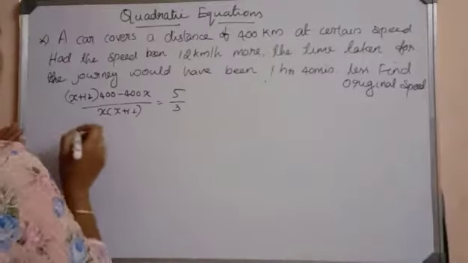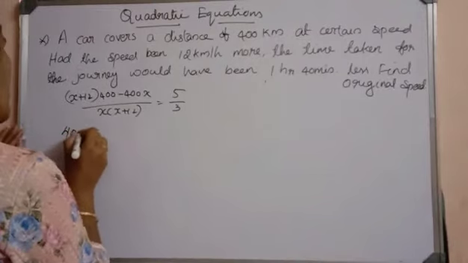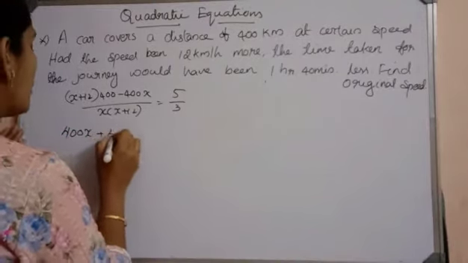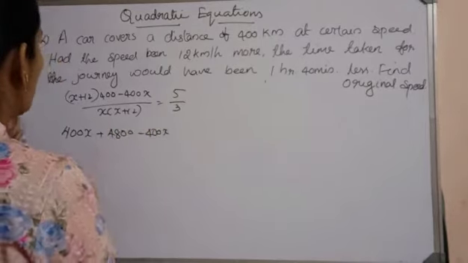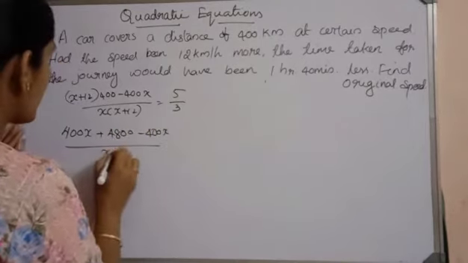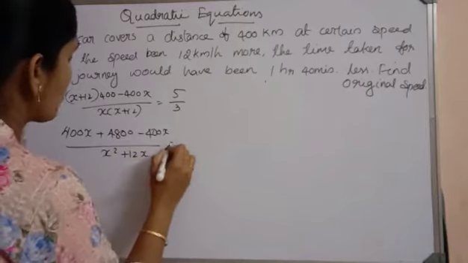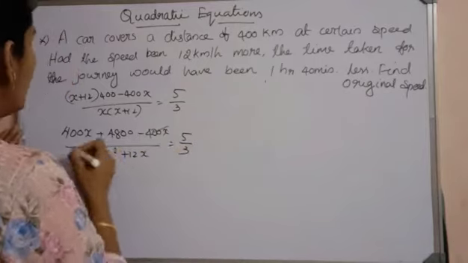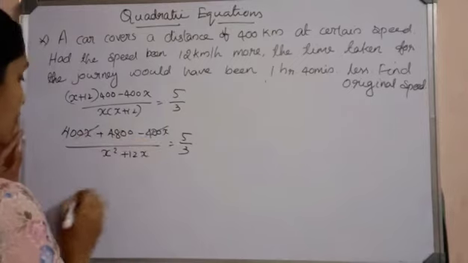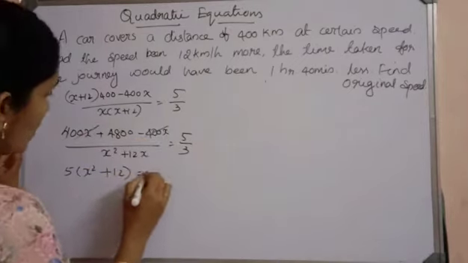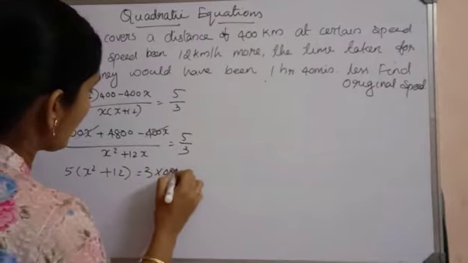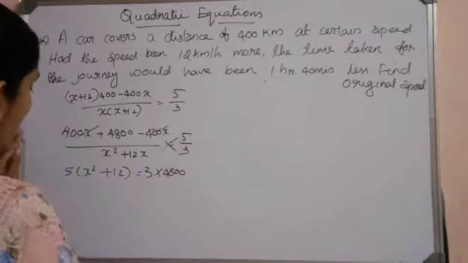On further simplification, 400x plus 4800 minus 400x by x square plus 12x is equal to 5 by 3. 400 cancels. Then 5 into x square plus 12x is equal to 3 into 4800. This is on cross multiplication.